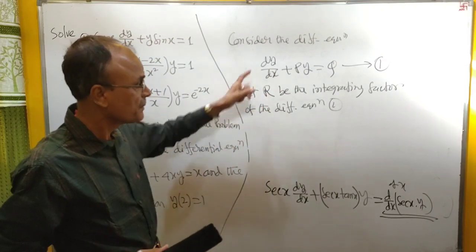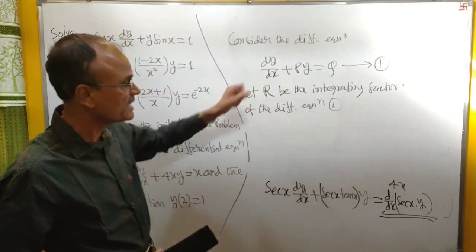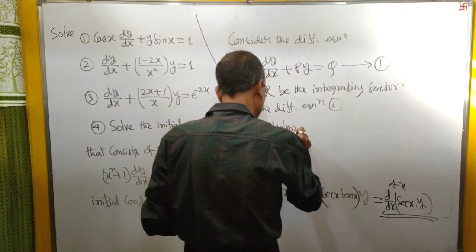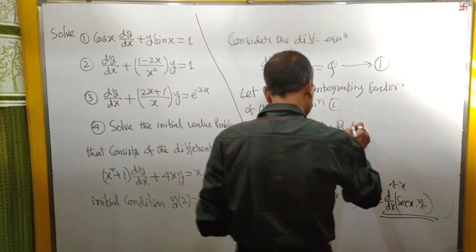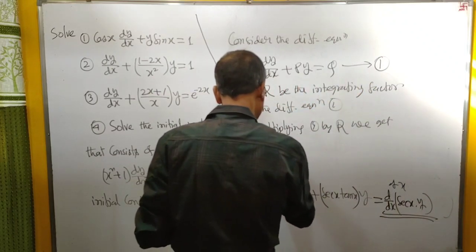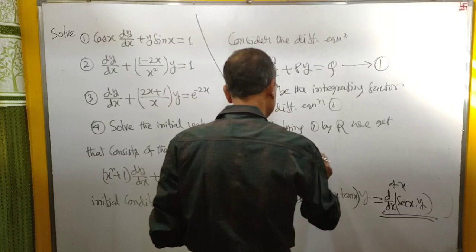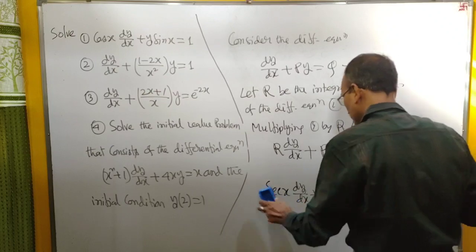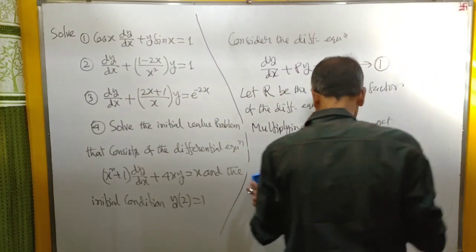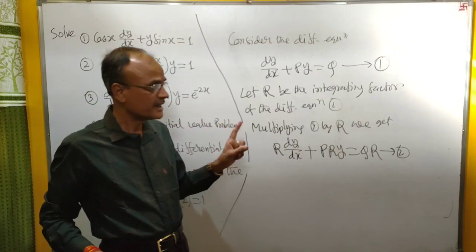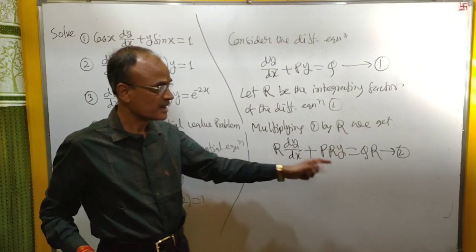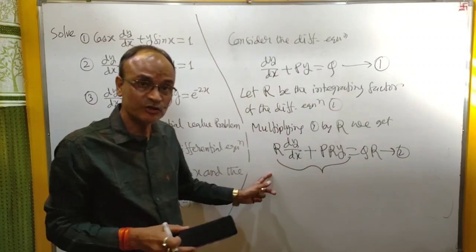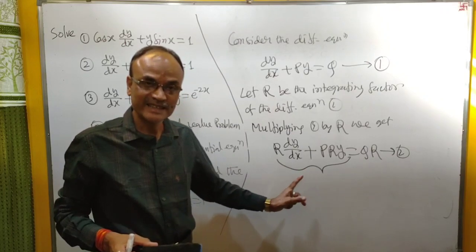Multiplying 1 by r, you will get r dy by dx plus p r y equal to q r. Now, with the integrating factor r, the left side will be of the form d/dx of r y.